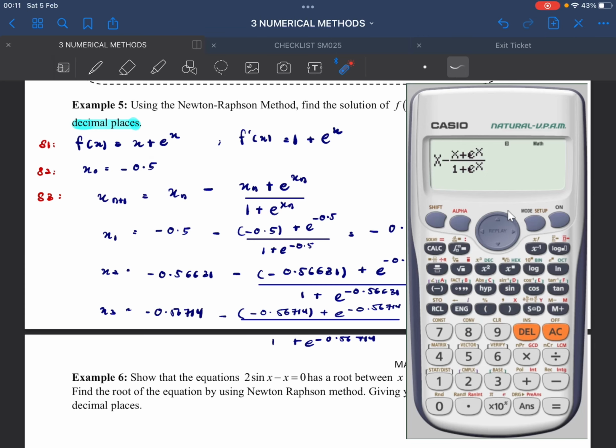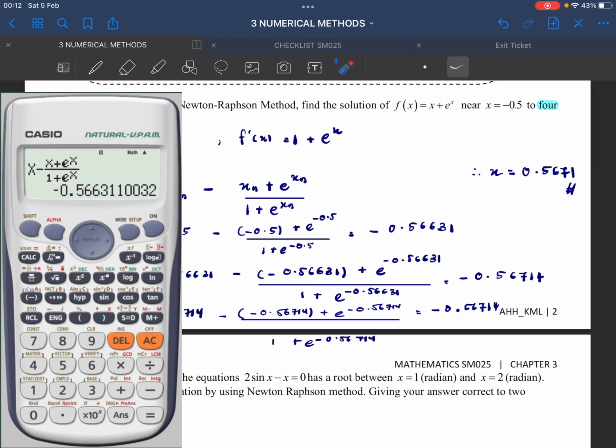Now press CALC. The calculator asks for the value of x. The first value of x is your x naught, which is negative 0.5. So we input negative 0.5 and press equal.